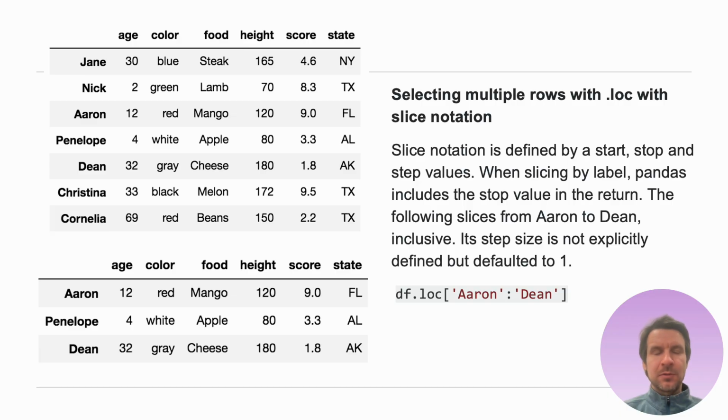Normally, if you use the slice notation for integers, the first one is included and the last one is not. Here it's slightly different. Here the first one is included and the last one is also included. So one has to be a little bit careful to not mess it up. It's a little different than the normal experience.